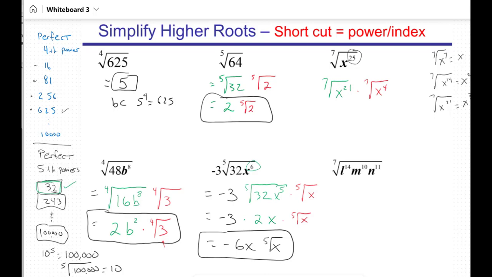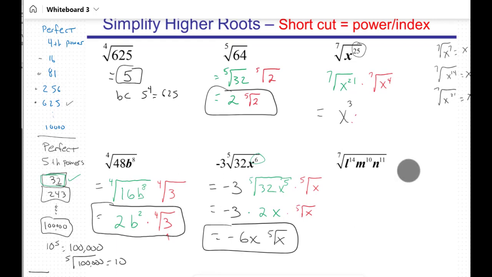Now, the seventh root of x to the 21 is a simple answer, x cubed. But the seventh root of a fourth power, the seventh root can't touch the fourth power. It just can't do anything nice to it. So we're going to have times a cube root of x to the fourth. That's the best we're going to do, which is actually pretty good. We had a big seventh root of 25th power, and now we have a much smaller seventh.